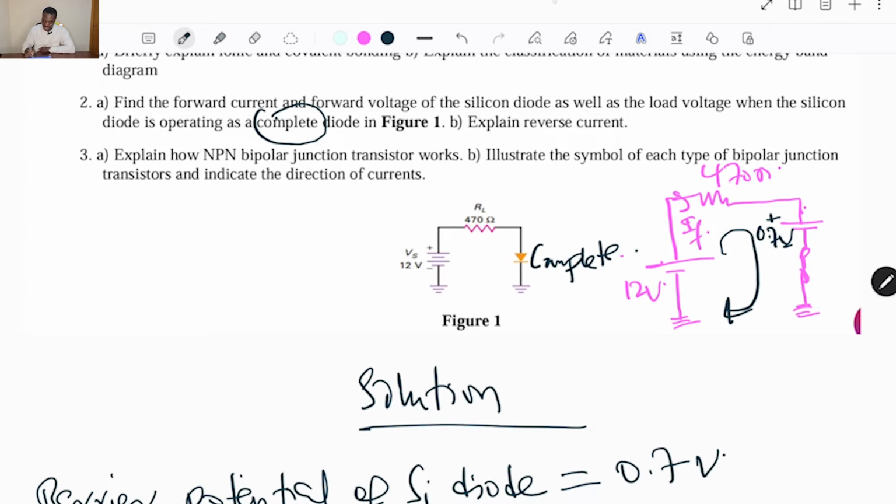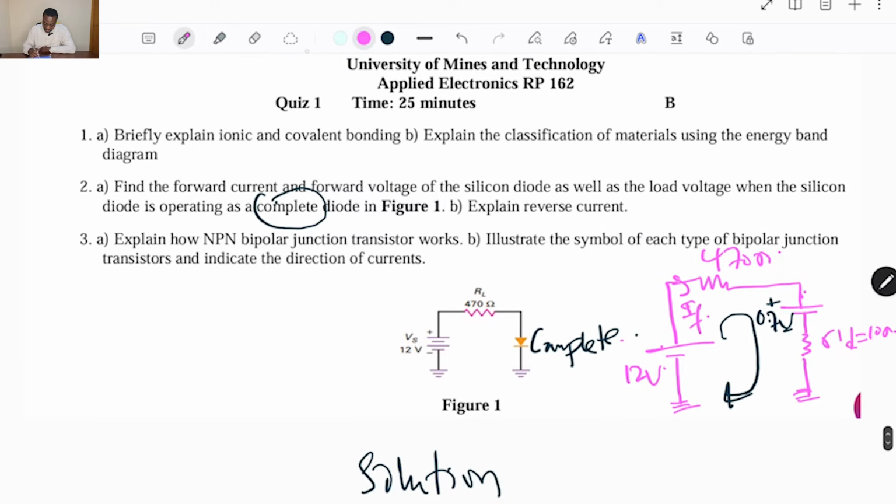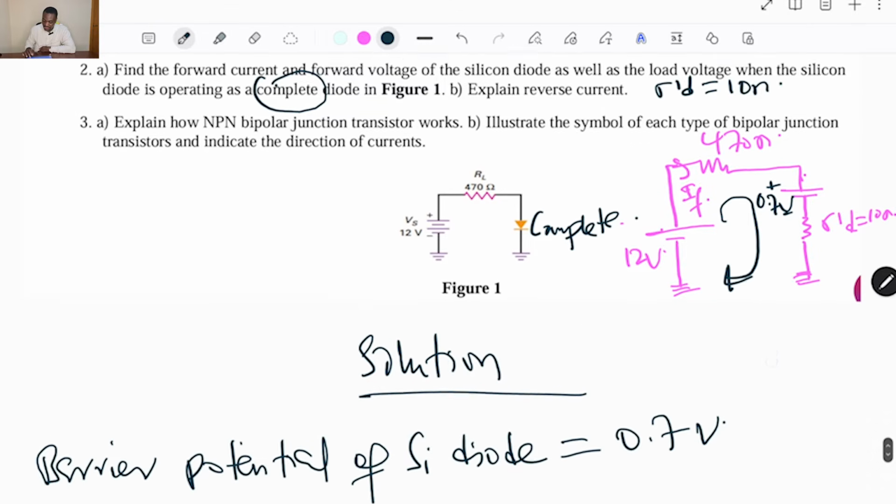In that case, the equivalent diode model is now going to have the dynamic resistance added, and the dynamic resistance RD is equal to 10 ohms. So we have RD being 10 ohms.